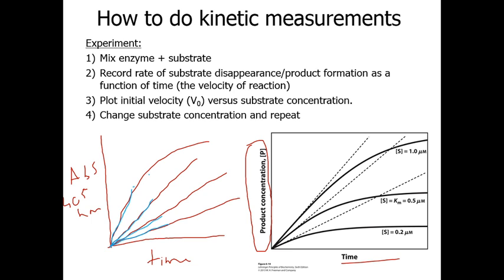And in this case, the product is nitrophenol. Right? Now, these are the two values, the initial rate and the substrate concentration that we need for the Michaelis Menten plot.